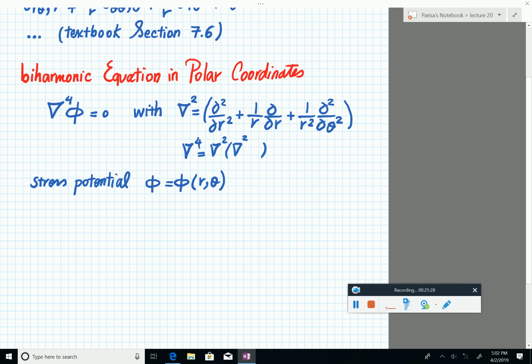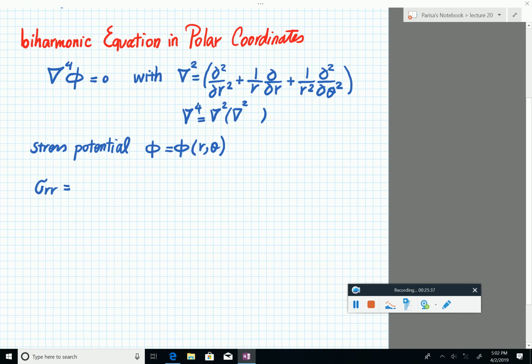The relationships are: sigma r r is 1 over r, the partial derivative with respect to r, plus 1 over r squared, the second partial with respect to theta.